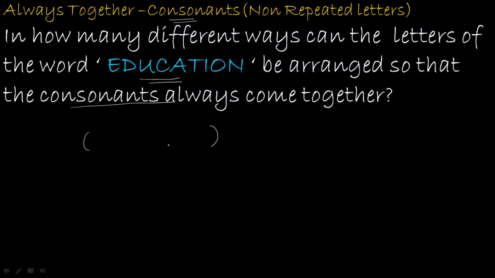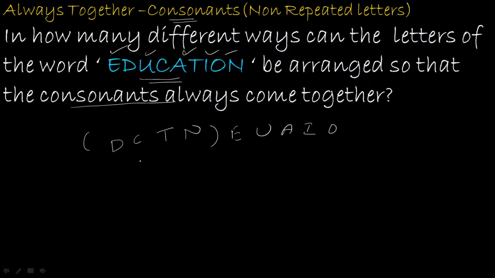So I am just striking out the vowels here. Here E is a vowel, next U is a vowel, and A, next I and O. Then write down the remaining letters, that is D, C, T, N.